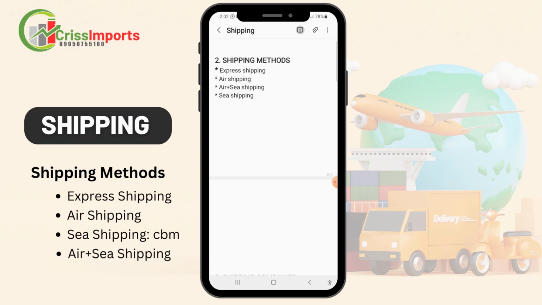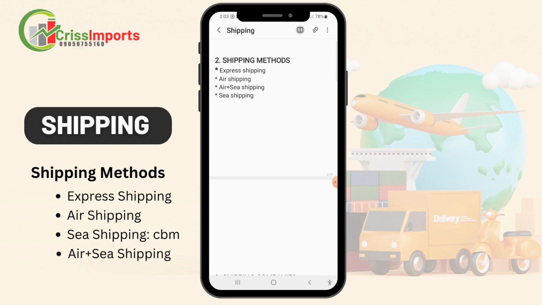Air shipping comes back in 7 days or 21 days, depending on the type of goods you're buying, but it's expensive to ship. Then sea shipping is very cheap, but it takes up to 3 months. But if you can't wait for that long, then use air plus sea. How air plus sea works is that they will first of all ship your goods through air. It will get to a point, maybe Addis Ababa or just somewhere around.